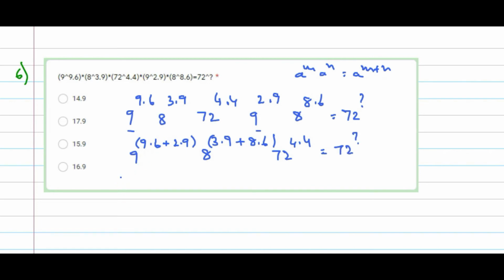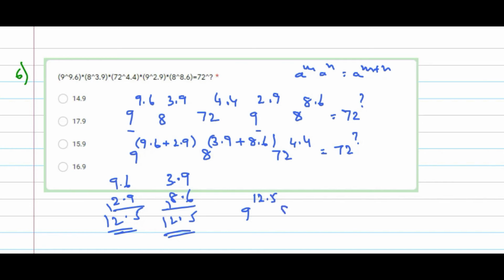So if you take it, it is 9.6 and 2.9 is 12.5 and 3.9 and 8.6 is also 12.5. So how much it will be? 9 power 12.5, 8 power 12.5 and 72 power 4.4 is equal to 72 power how much?